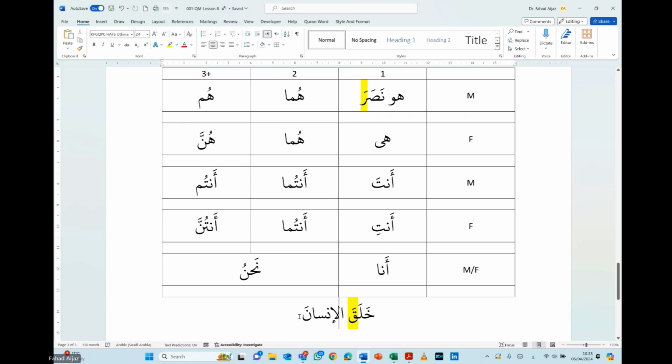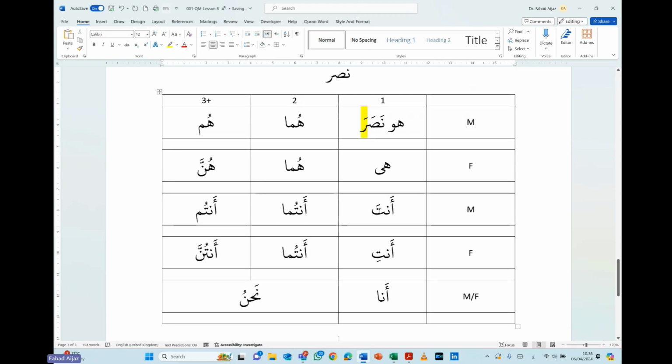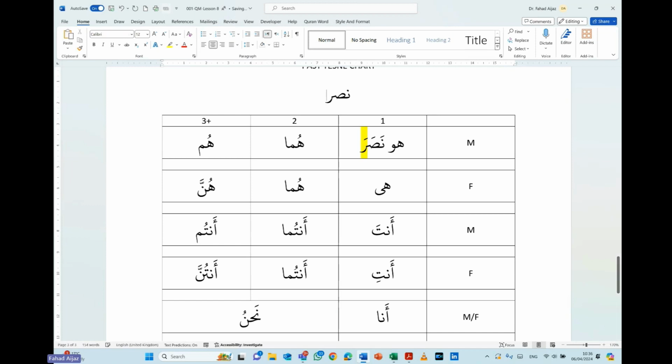Okay? So any fi'l that maps to this format of last letter taking a fatha is a past tense fi'l in huwa form. So nasara basically means to help. So nasara would mean he helped.